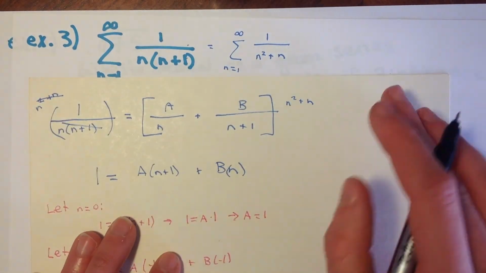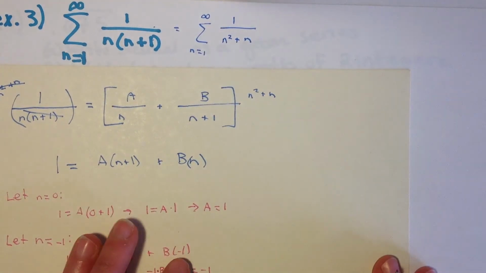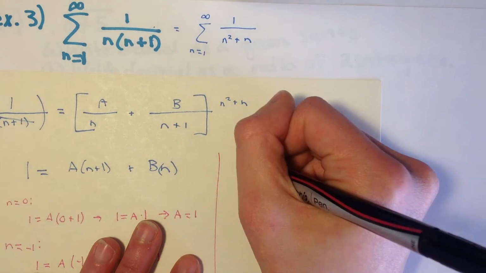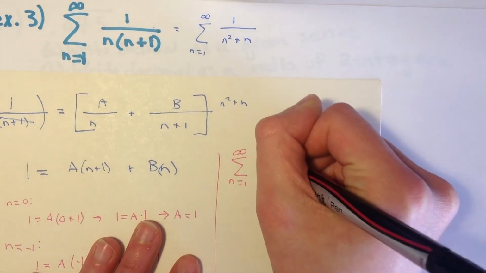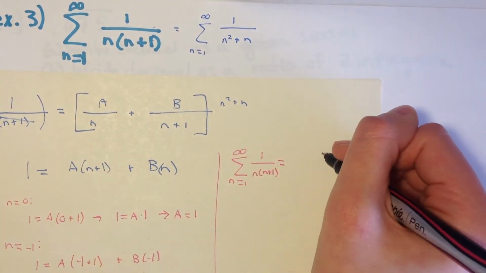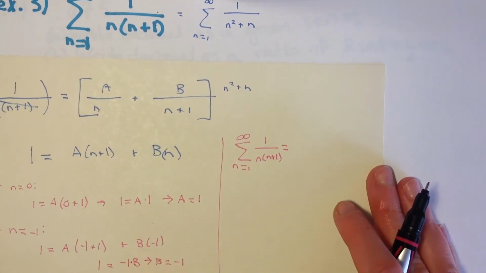So now I'm going to rewrite. I think I'm going to run out of time here. I might have to continue this in the next video. I'm going to say that this series, given in the problem, is going to be equal to this, but I'm going to replace my A and B values with what I just found.